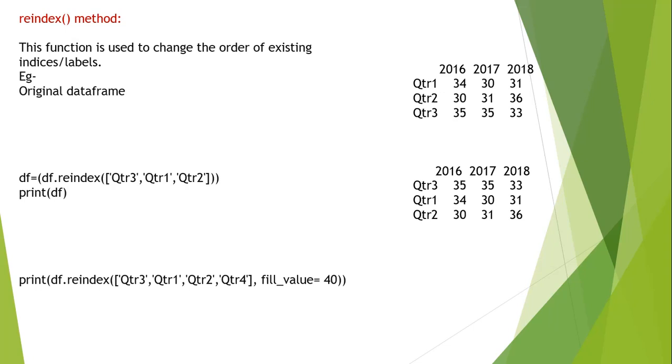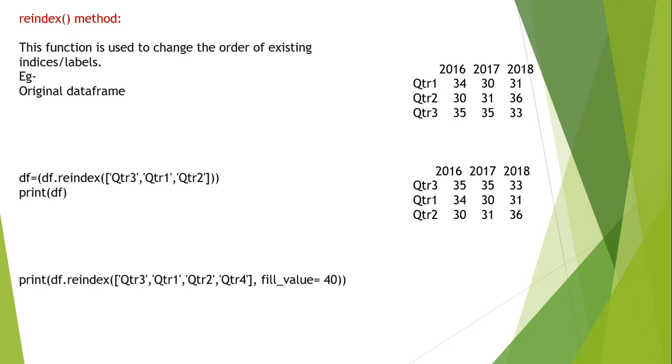But similarly, we are also using this special argument fill underscore value is equals to 40. What it does is that NaN has to be replaced with this 40. Because if we had not given fill underscore value equals to 40, qtr4 would have had NaN values, but since we are giving fill underscore value equals to 40, this NaN will be replaced by 40 itself.